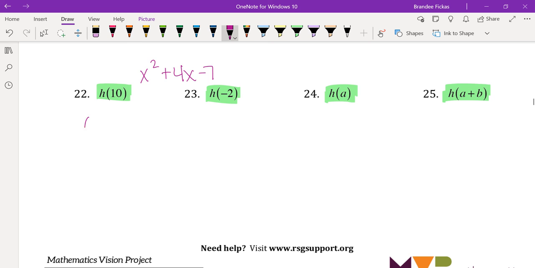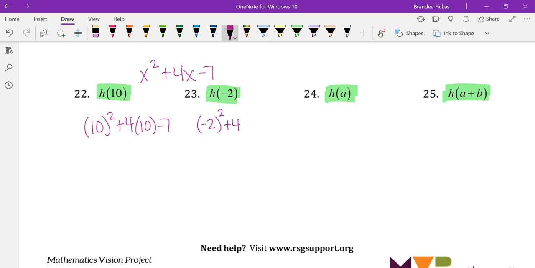So to start, I would have 10 squared plus 4 times 10 minus 7. Now you follow order of operations, get rid of your exponent, multiply, add, subtract, go through PEMDAS. You would do the same thing with negative 2. Now be aware, you do have a negative number.